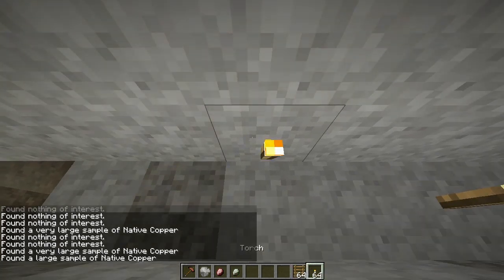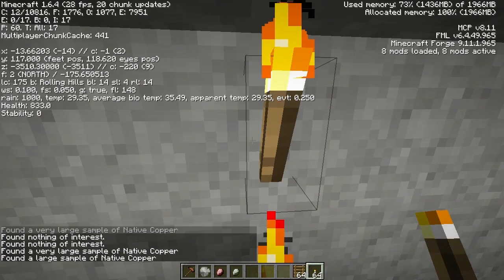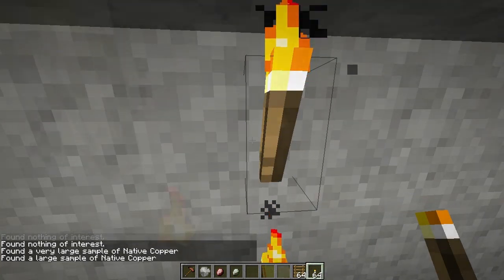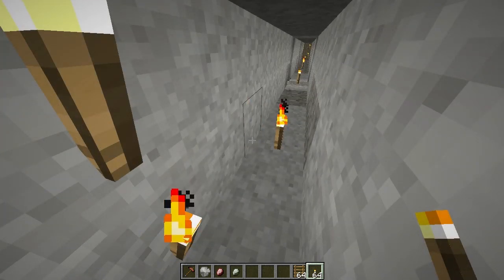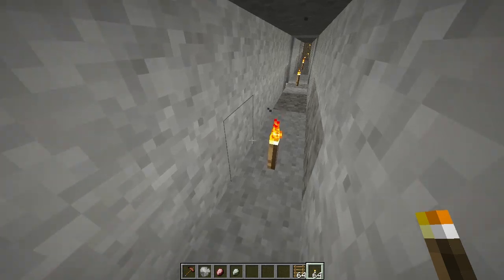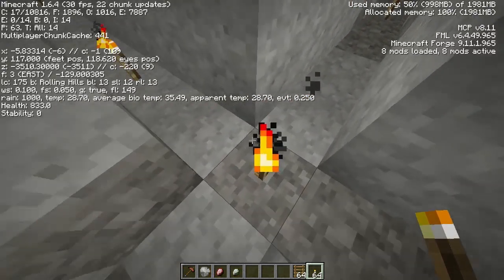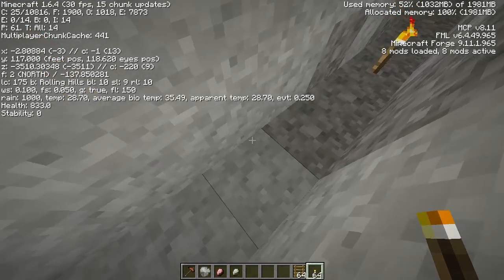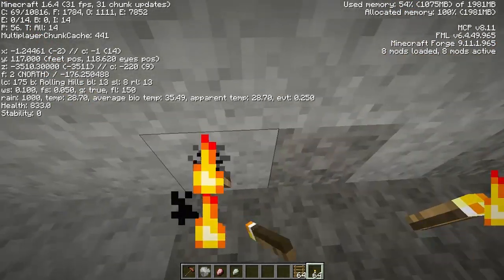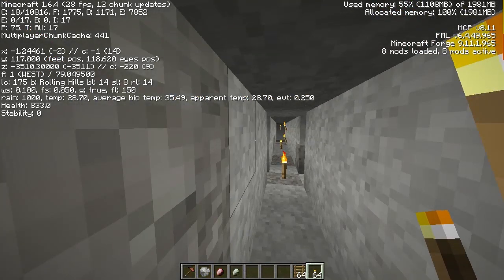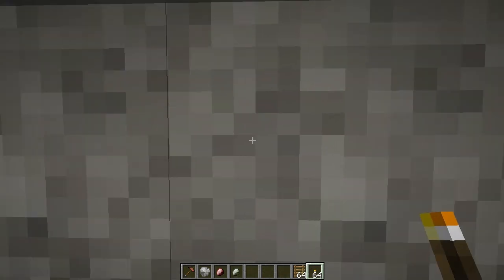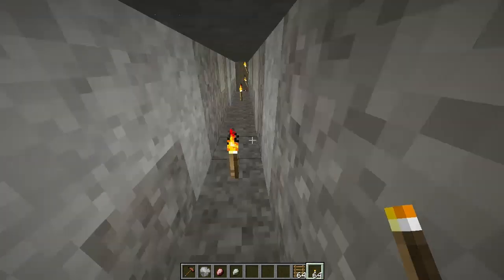So it looks like it's about right here, and this is at about -14. So the halfway point between -14 and +10 is at about -2. So about right here.